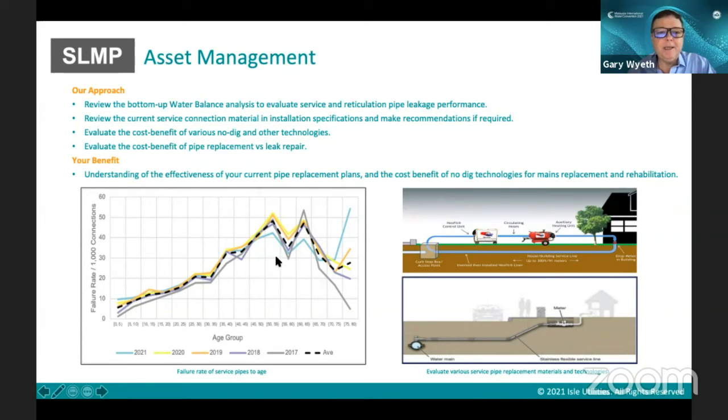So if you have PE services that are lasting 40 years, your flexible stainless will probably last you about 80 years, so twice as long. And we've also got some no-dig technologies. This is one where they actually drag a liner through the service connection, and they can line a service connection that's even 25 millimeter in size to sort of cover up any holes that you have in your service pipes.